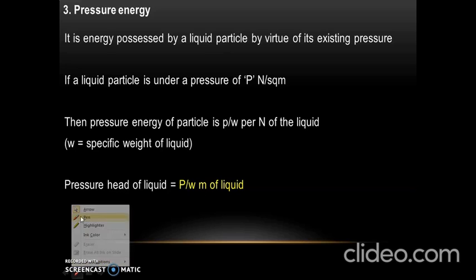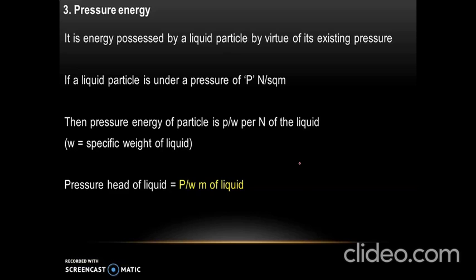From hydrostatic law, we had seen that if we consider a liquid in a container, pressure at the surface will be taken as 0, assuming atmospheric pressure equal to 0 on top surface. So here on top, P will be equal to 0, and P is calculated by knowing the specific weight of the liquid, that is W, and height of the liquid.